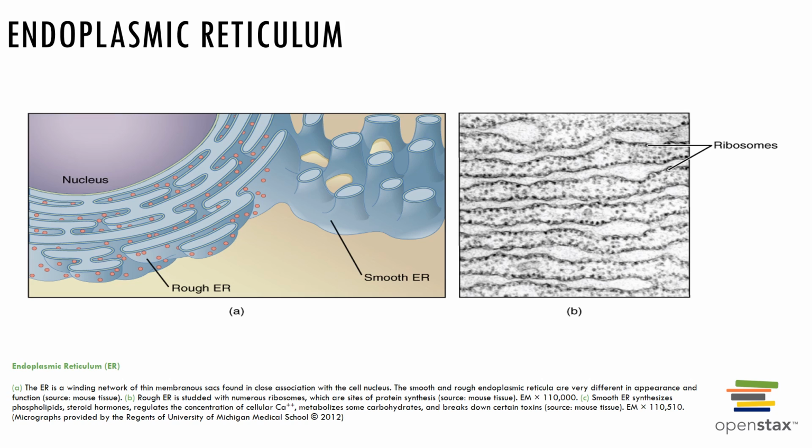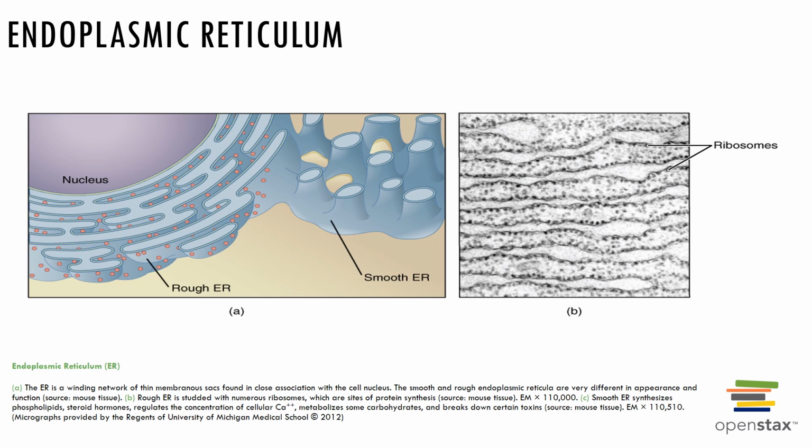Now, the endoplasmic reticulum is one cellular structure, a network of intracellular membranes connected to the nuclear envelope, which surrounds the nucleus. There are two types of endoplasmic reticulum: rough ER and smooth ER.